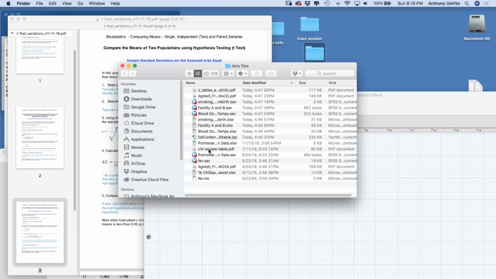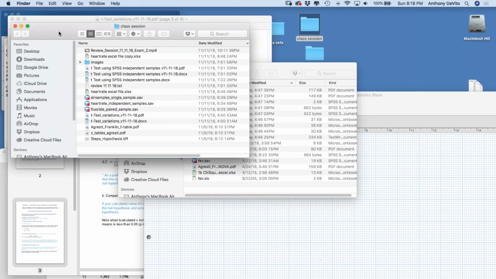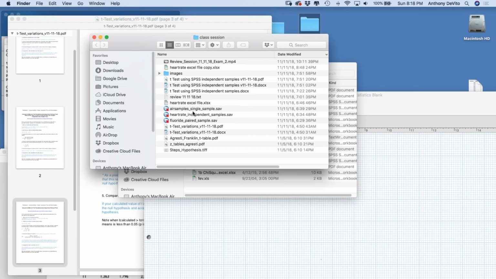Okay. Chi-square, maybe it's here. This sample. Here, I think it's in here. Let's see the sample. Here we go. Paired samples. Actually, I was hoping to have a.